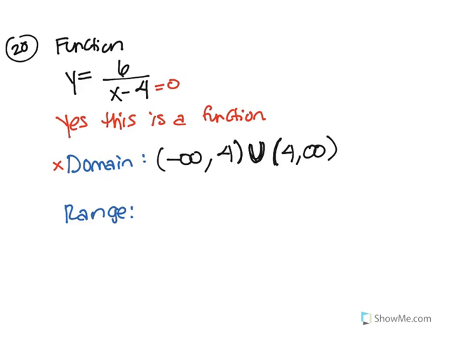So my range is going to look very similar. You can let it be any negative number up to 0, skipping 0, and going from 0 to positive infinity. That split notation is letting us know that it can be everything but 0. That top is not going to reduce down to 0.